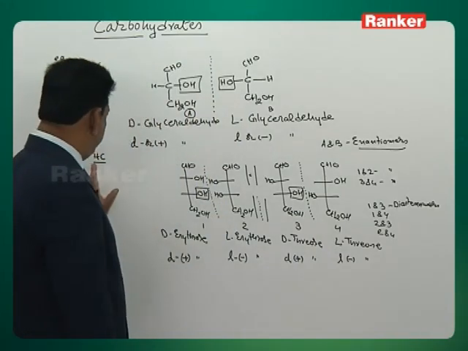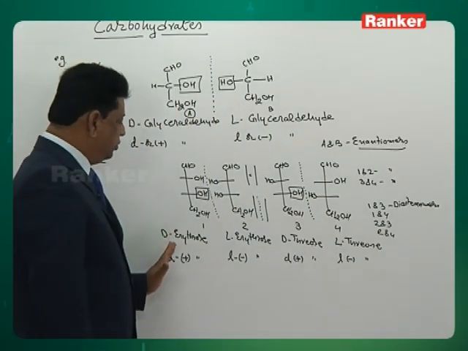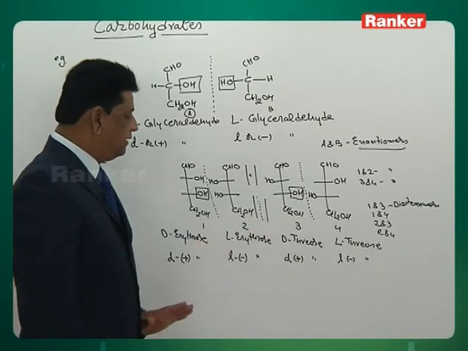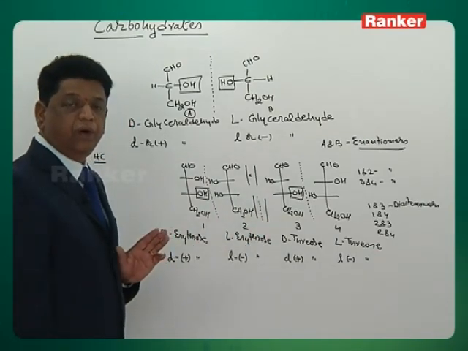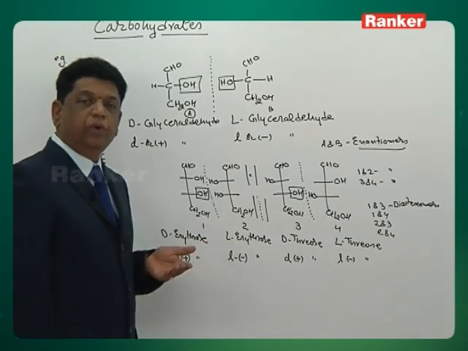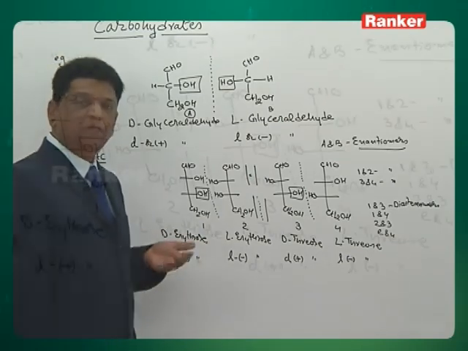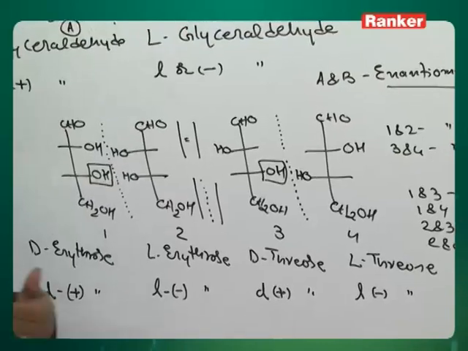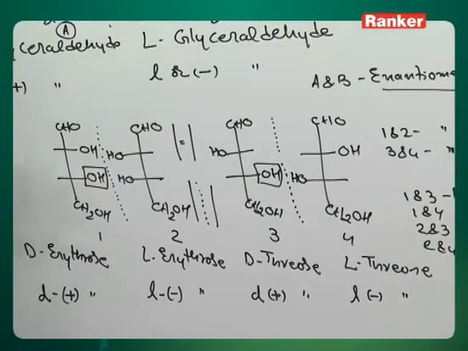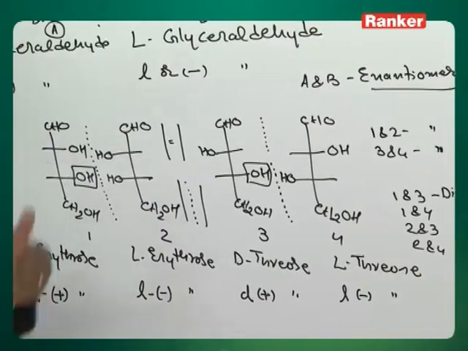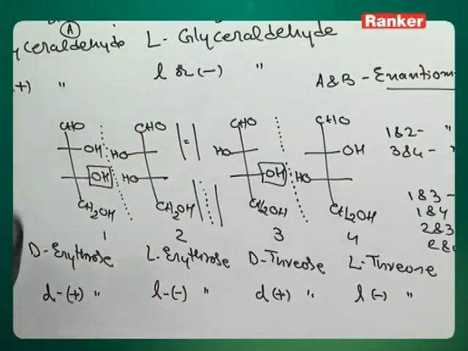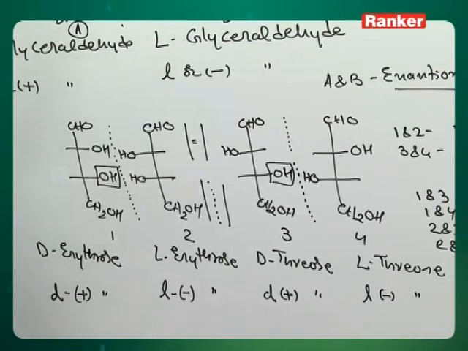Like this, in the 4 carbon series we have 2 erythroses and 2 threoses. In the 5 carbon series we have 3 chiral centers, so 2 to the power of 3 means a total of 8 compounds, of which 4 will be the D series, that is ribose, arabinose, lyxose and xylose, and 4 will be the L series.